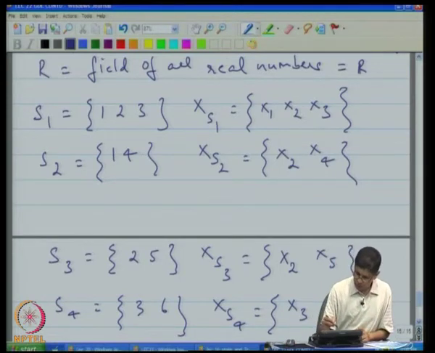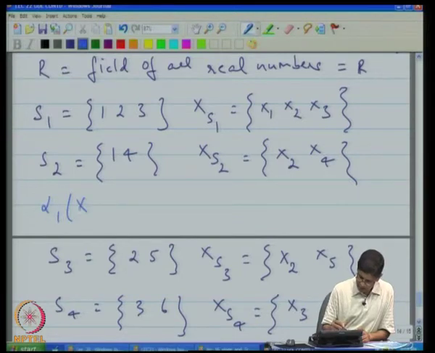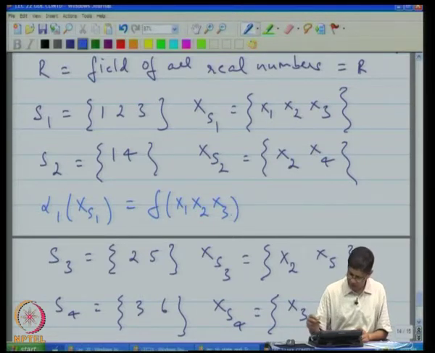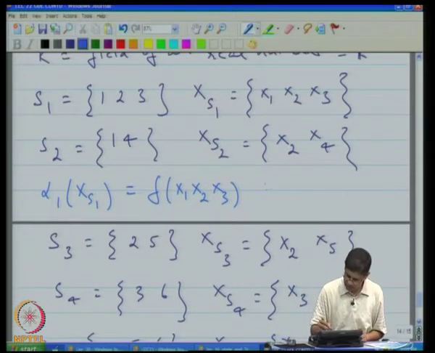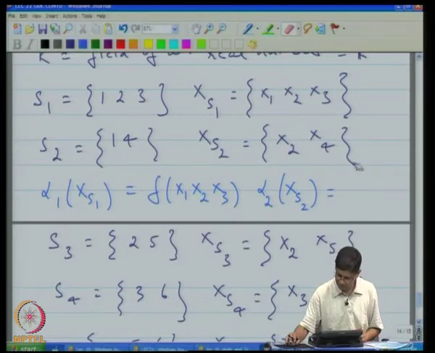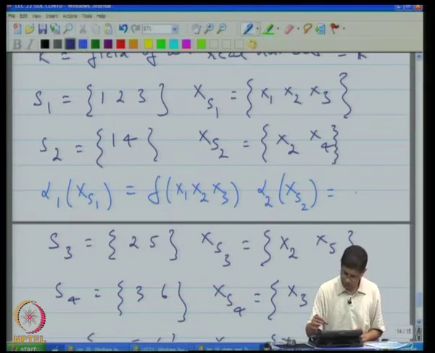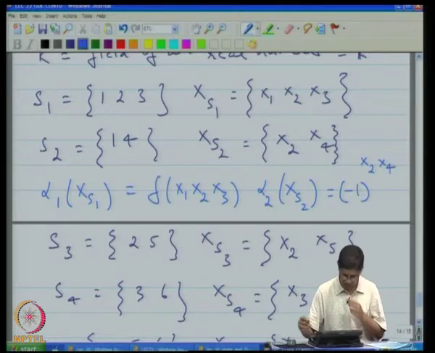But now, the next question is, well, what are the local kernels? Okay. So, let us put them down here. So, alpha 1 of x s 1 is f of x 1, x 2, x 3, and similarly alpha 2 of x s 2 is minus 1 to the x 1 x 4.